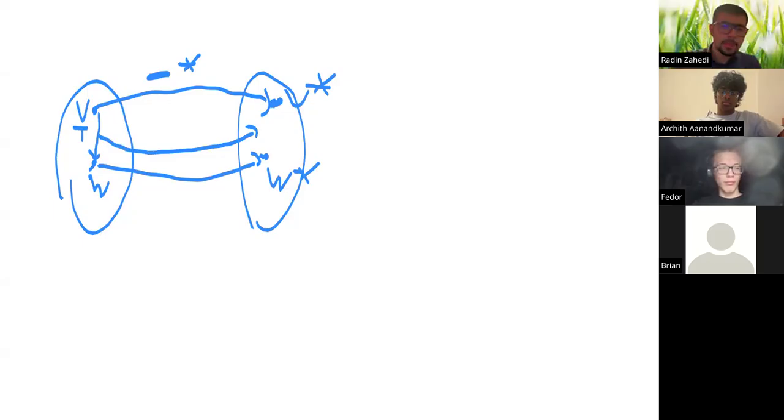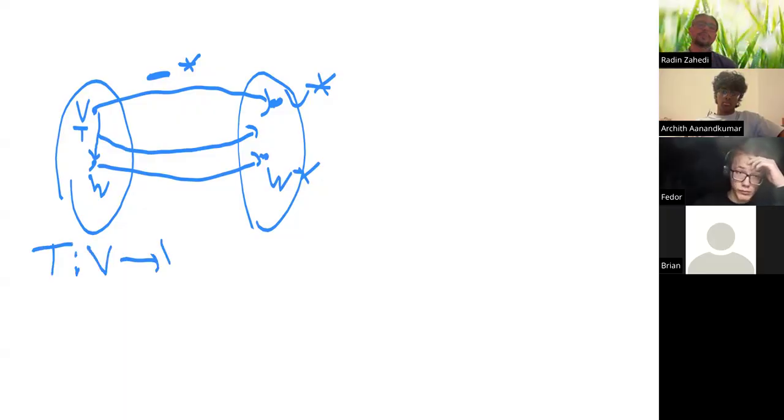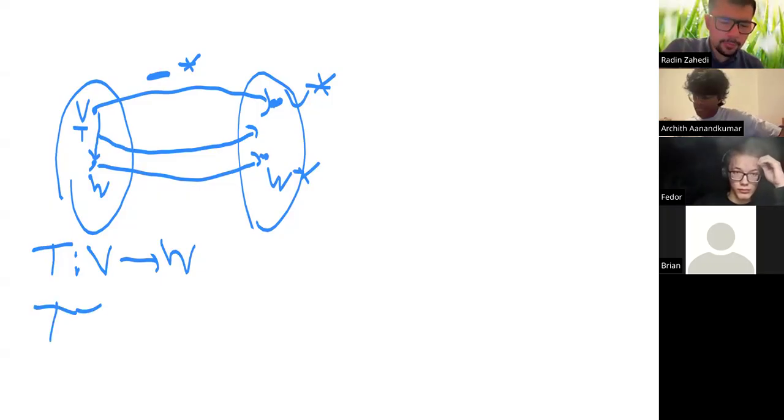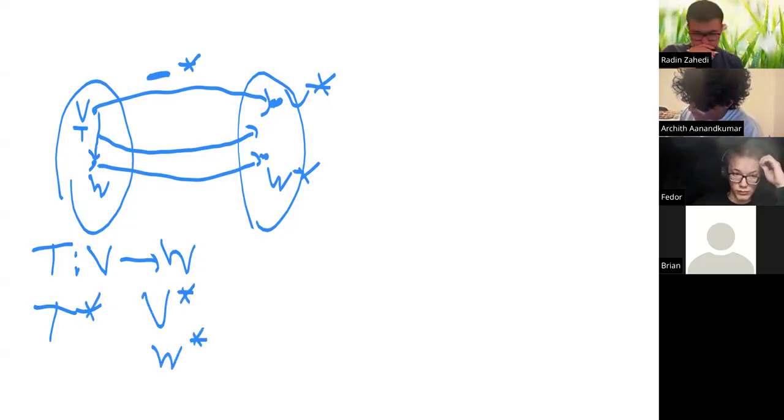That is, if we have a linear map between V and W, then it should be quite a natural agenda to try to find a similar linear map relating V star and W star in some sense. Sadly, there is no natural linear map between this V star and W star.